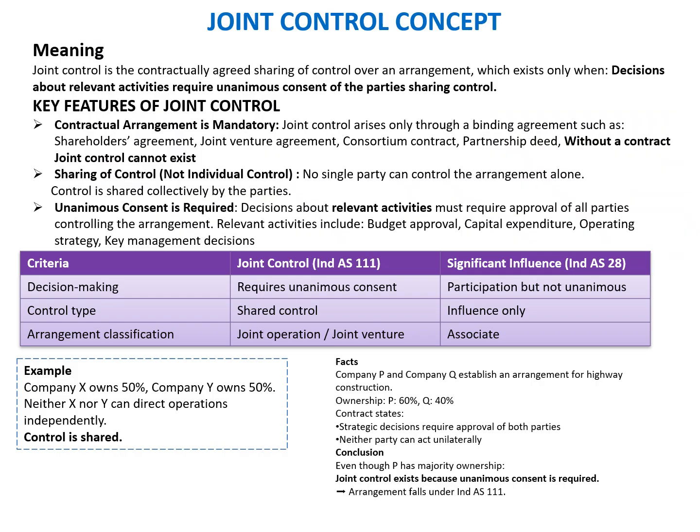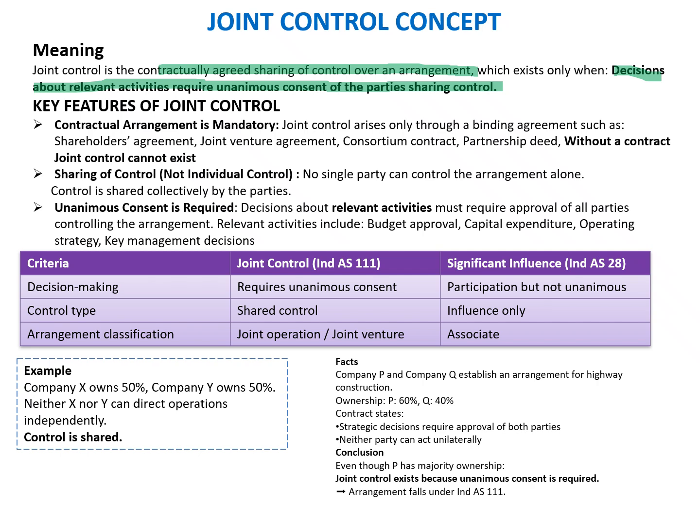Okay, so this is the critical slide because it speaks about the concept of joint control. Joint control is the contractually agreed sharing of the control over an arrangement, which means that it has to be a contract whereby the parties agree to a particular joint arrangement, which exists only when decisions about the relevant activities require the unanimous consent of the parties sharing the control.